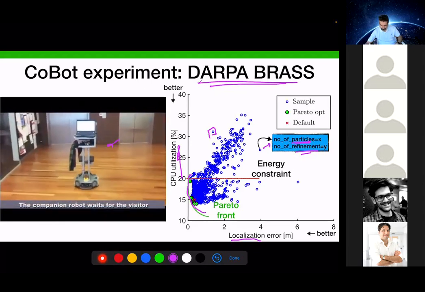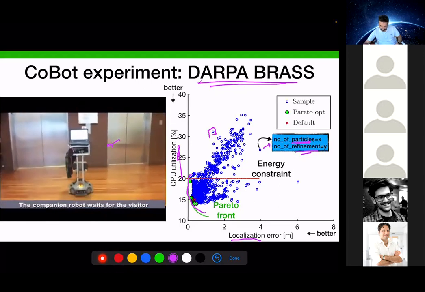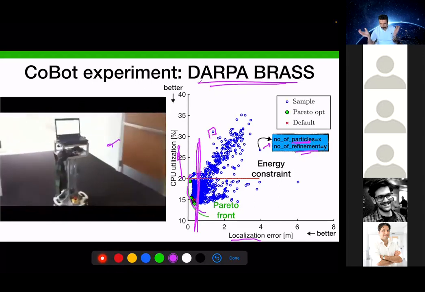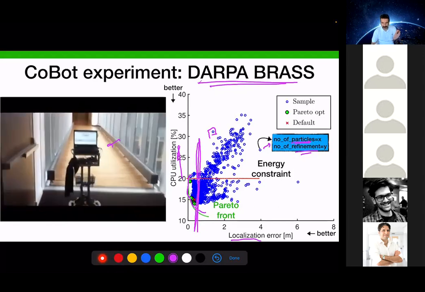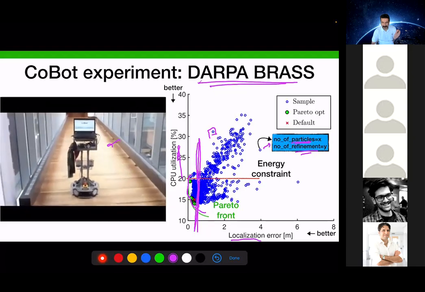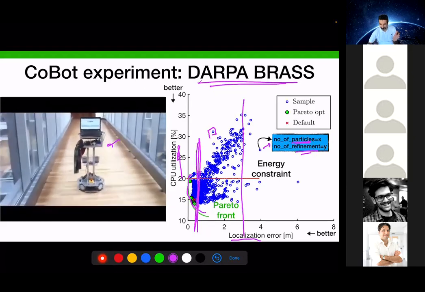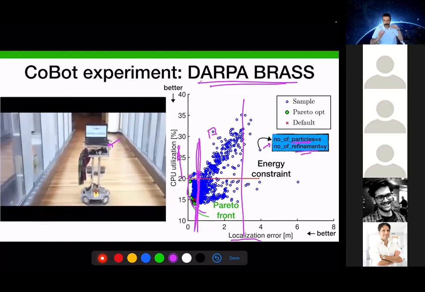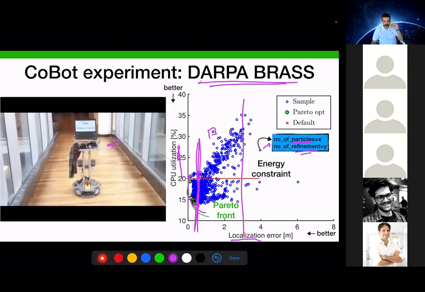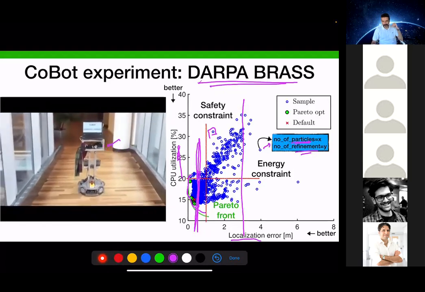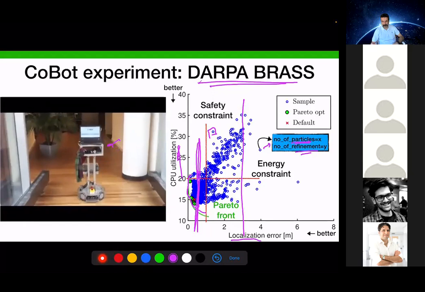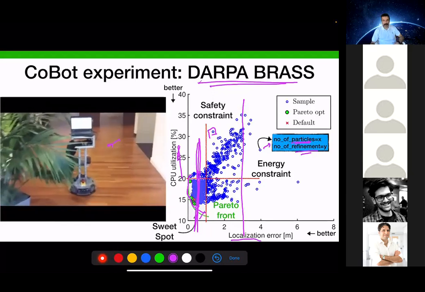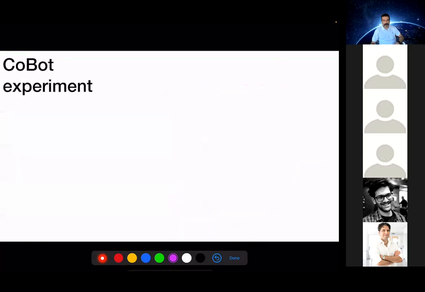The interesting part is that we have a bunch of different configurations that are providing the same localization error, but are massively different with respect to energy. It becomes even worse here, right? And that's why multi-objective reasoning or trade-off matters. Typically in this case, we have some constraints with respect to both objectives, and this part provides some sweet spot that we would like to explore.